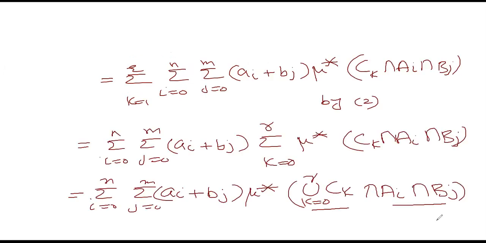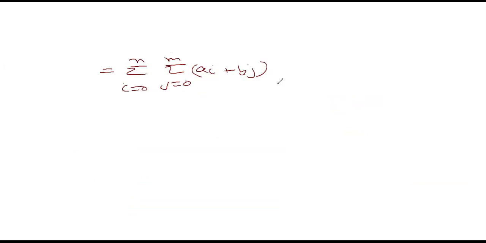So this is equal to the summation i runs from 0 to n and summation j runs from 0 to m of ai plus bj times mu star of ai intersection bj.